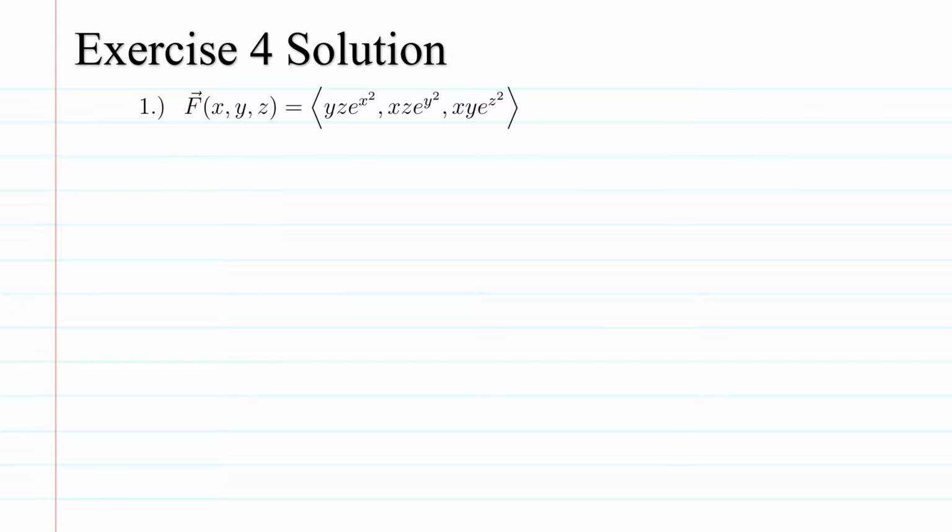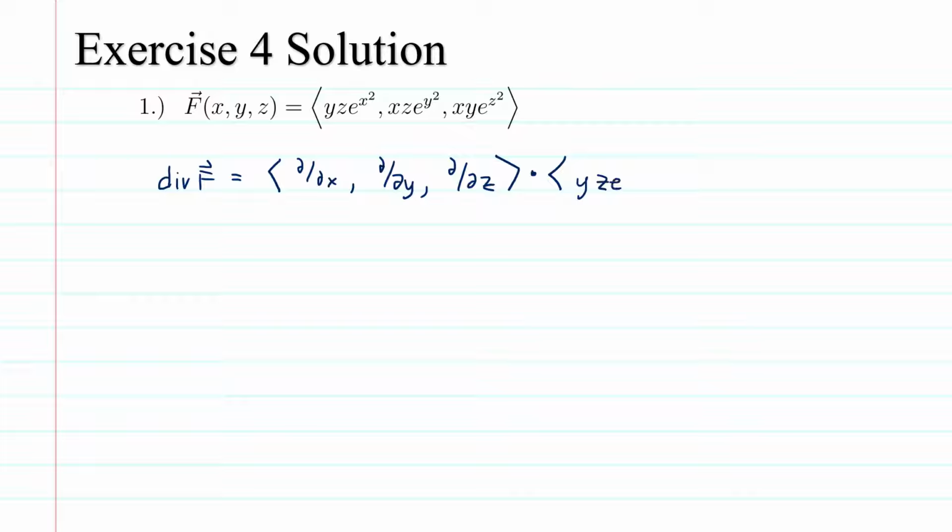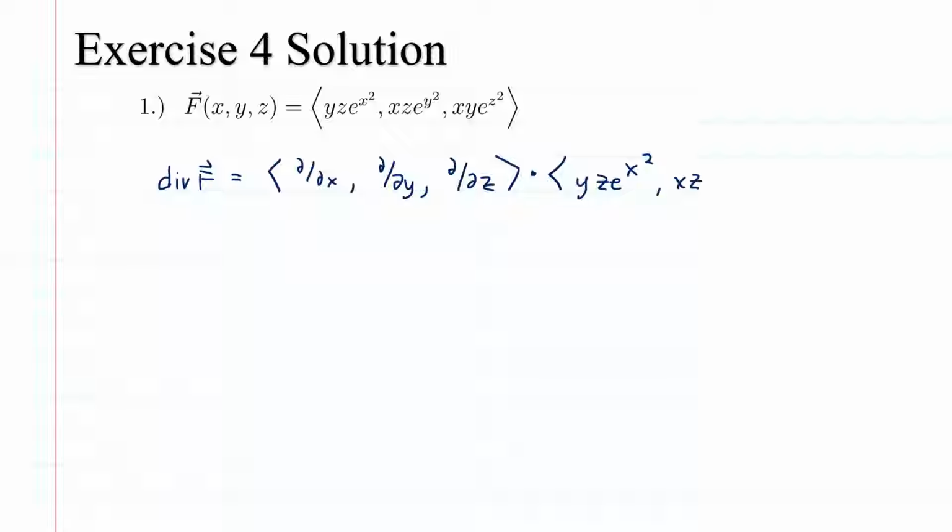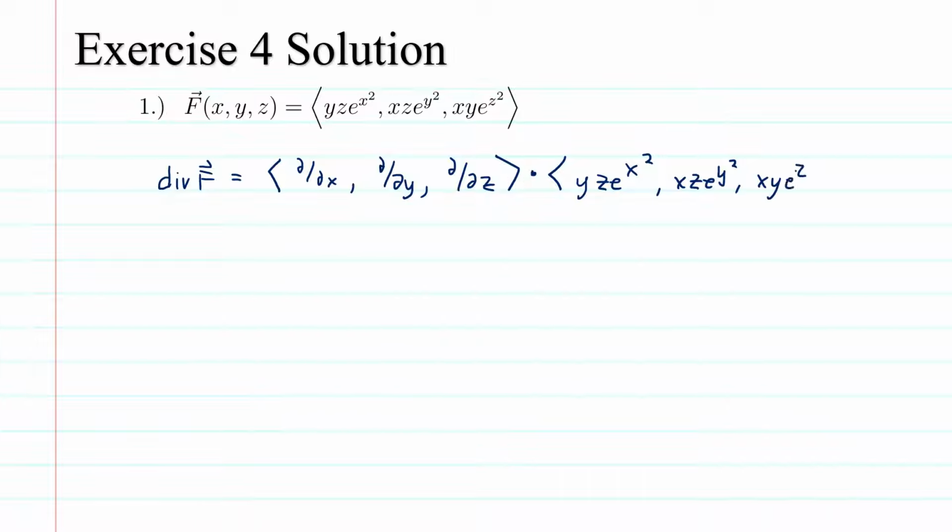Okay, for number 1, div f, again, it's the del operator, partial with respect to x, partial with respect to y, partial with respect to z, dot with f. So, dot with yz e to the x squared, xz e to the y squared, xy e to the z squared. Recall that for this dot product, no actual multiplication happens. So div f is just the partial of the first component with respect to x.